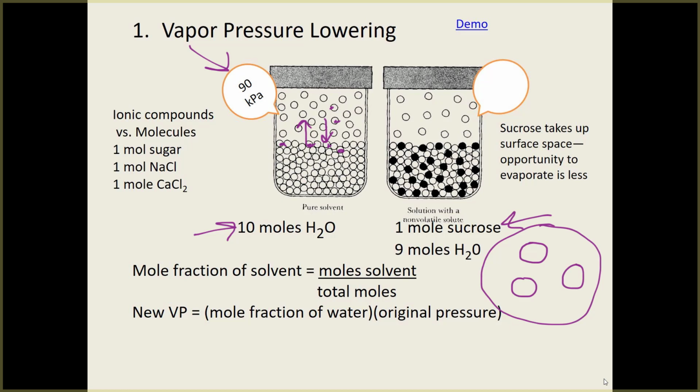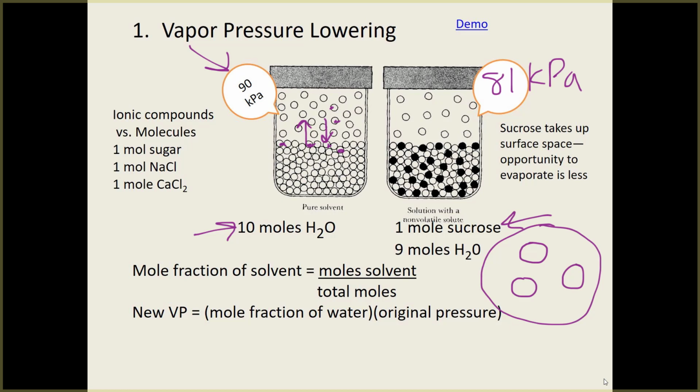Because they take up room, when the water molecules are jostling with each other and escaping from their hydrogen bonding, there's less of a chance for water molecules to escape because the sugar is taking up room. Now, this can be other solutes. It could be a salt, it could be ethylene glycol, anything that wouldn't normally evaporate off like an alcohol. And as a result, when you look at the vapor pressure of the container above the solution, we find that our vapor pressure is only 81 kilopascals.